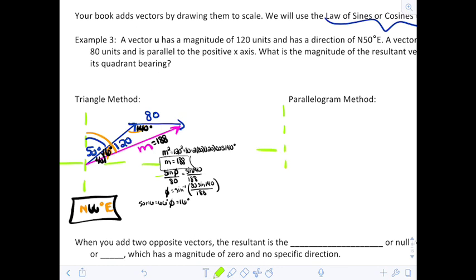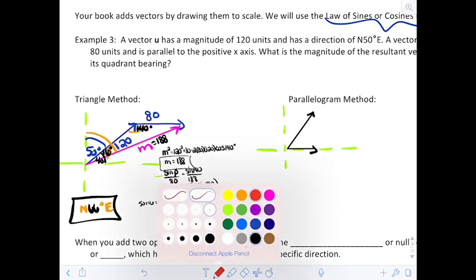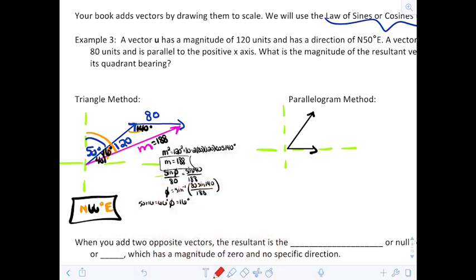There's my north-south line, my east-west line. I know that I have 50 degrees here. Now parallelogram means I have to have tail to tail, so I'm actually going to draw my 80 down here. And my resultant is going to be a diagonal, but I have to complete this parallelogram.